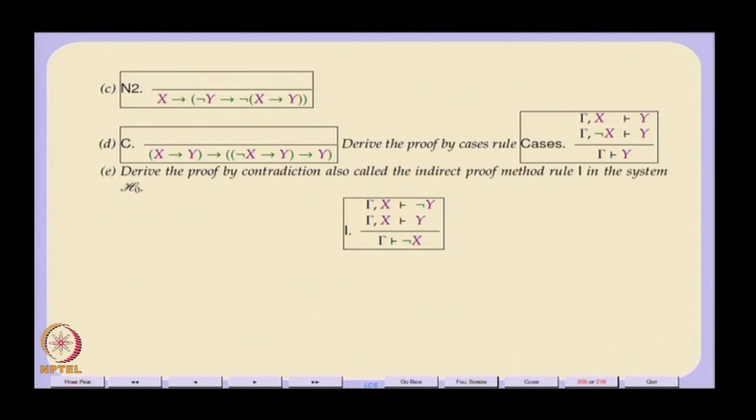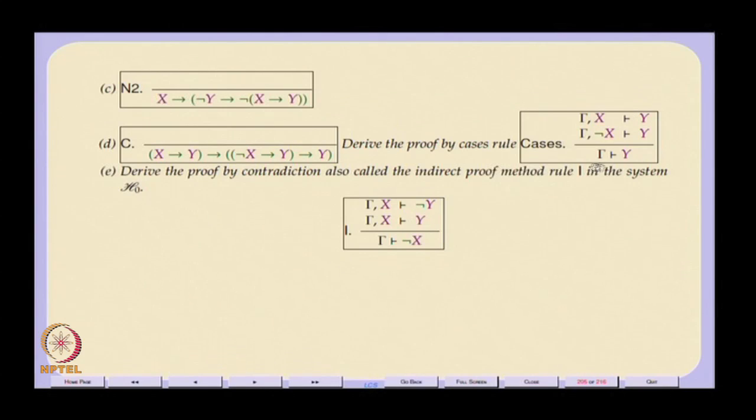We should not lose sight of the fact that we have certain basic principles in mathematics. One is proof by case analysis. That is something, especially in computer science, we keep doing a lot of. Structural induction is really like case analysis. So proof by cases is a rule that you have to justify. It says: if gamma, x proves y and gamma, not x also proves y, then gamma proves y.